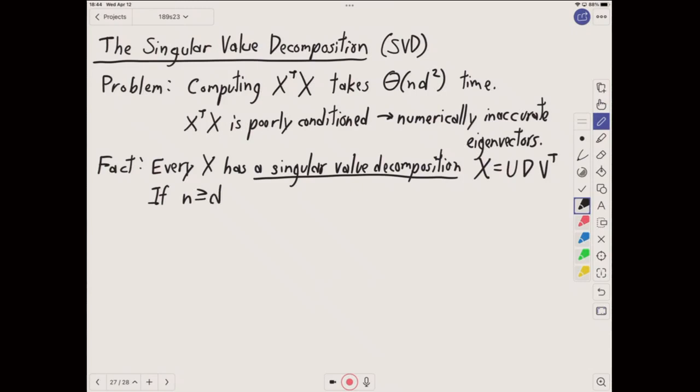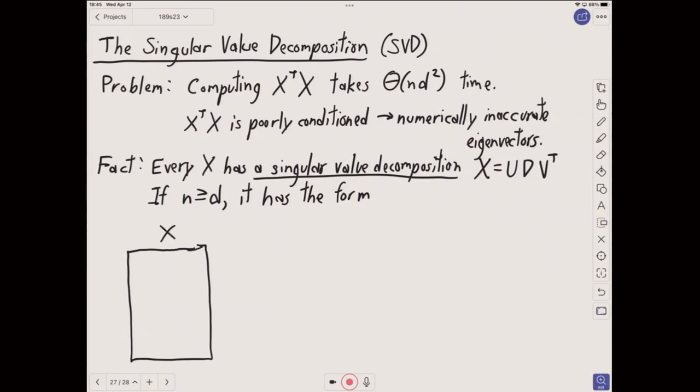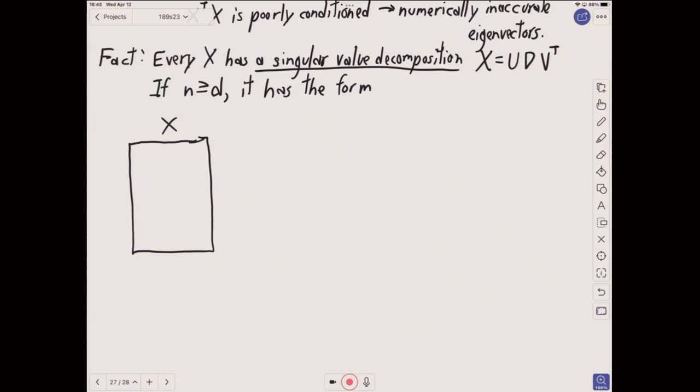If the number of sample points is greater than or equal to the number of features per sample point, which is usually the case for most things that we would apply the PCA to, then you can imagine it appearing in the following form. So first, let's look at our design matrix X. When I say n is greater than d, I'm saying that X is taller than it is wide. This is an n by d matrix.